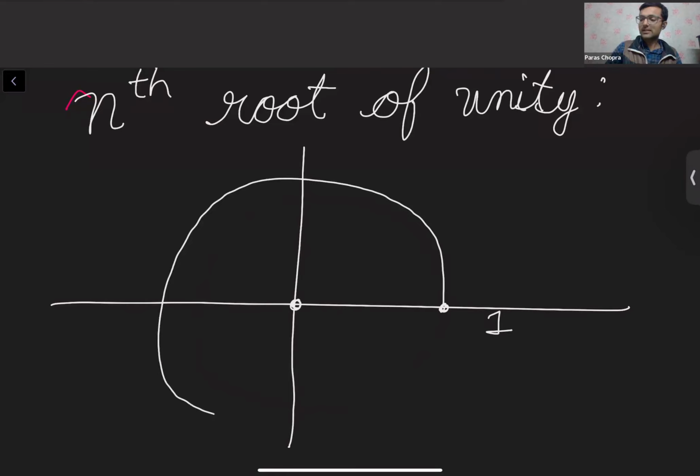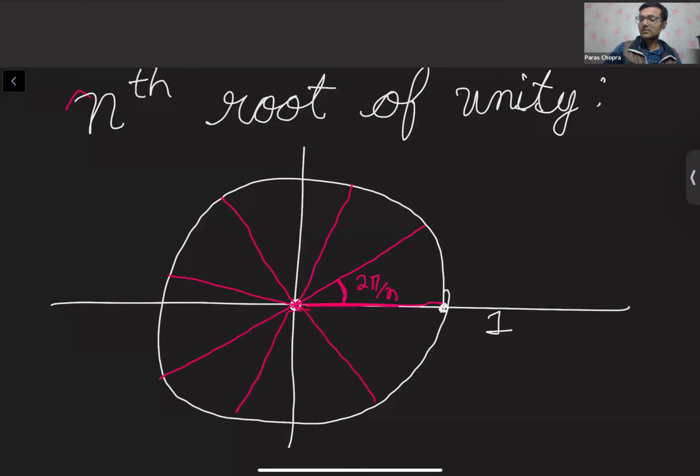So let's say this is the circle with radius 1. The first root is just 1. Then you will divide your circle into n different sectors. Each will have an angle of 2 pi by n.